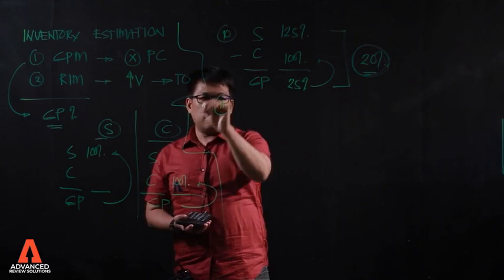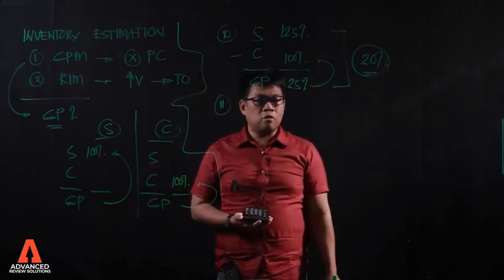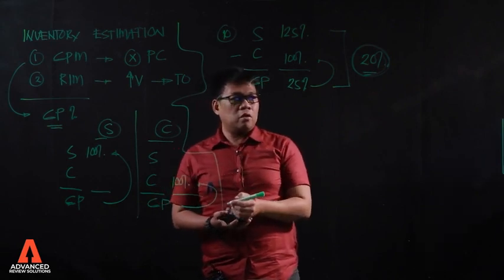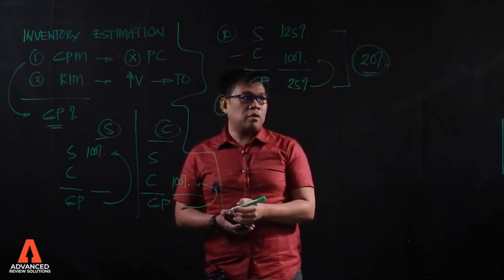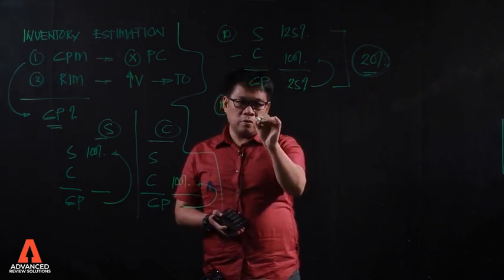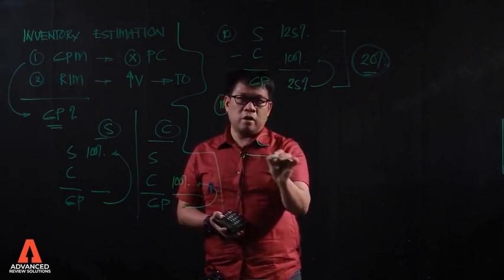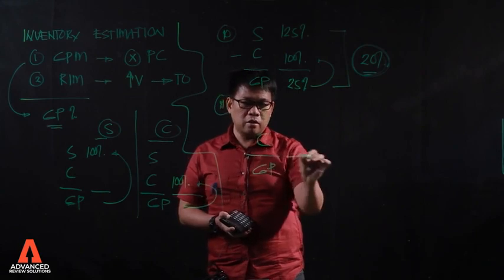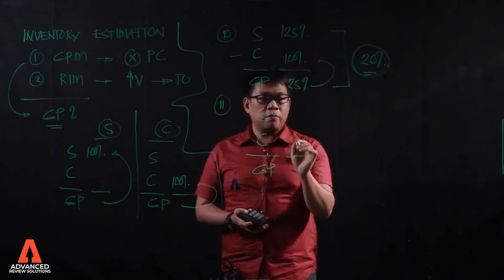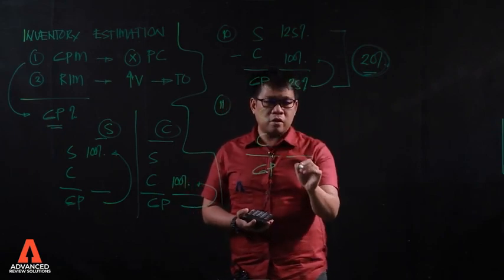In item 11, we are asked to compute the gross profit rate based on cost. Let's read the problem. If the gross profit rate based on sales is 20%, what is the gross profit rate based on cost? We have your sales, cost of sales, and gross profit. Again, sabi ni item 11, the gross profit rate based on sales is 20%.